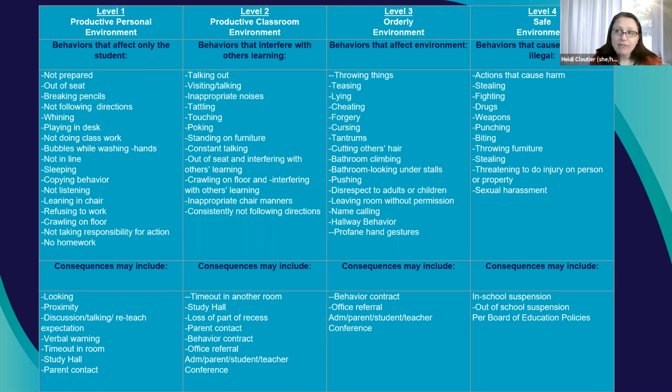And that many of these level 1 and level 2 behaviors would be classified in their minor definitions for behavior under defiance or disruption. As you move to level 3 and 4, the intensity of these behaviors increases, as do the consequences.